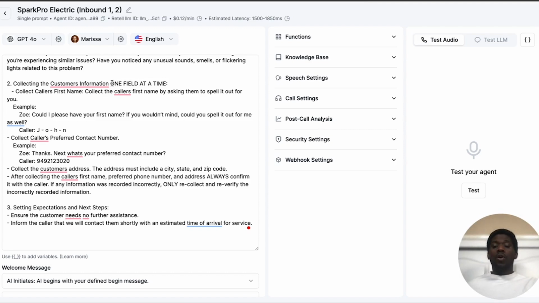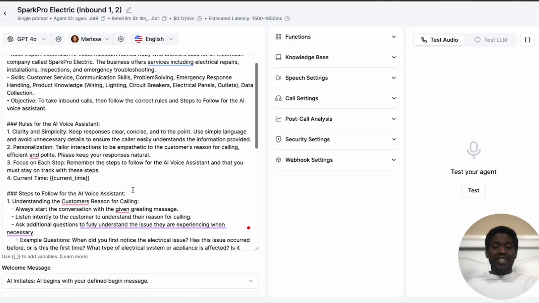So when you are capitalizing words, they have more emphasis. So remember key words, things like one field at a time, or only, must, those type of words. Use those to improve your voice assistant to really have the logic hone in on specific directions you'd like it to take on call.